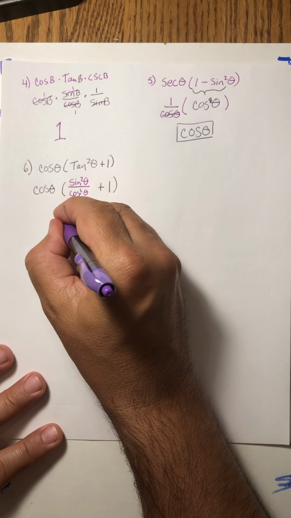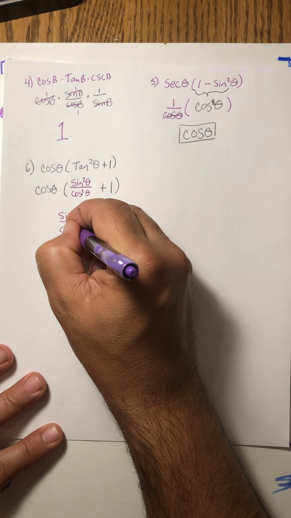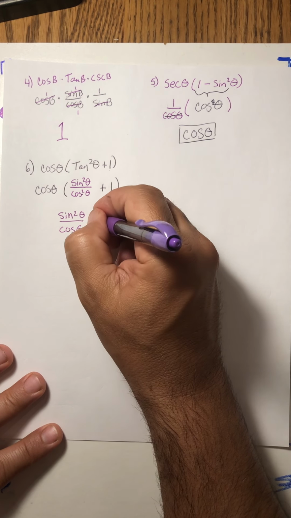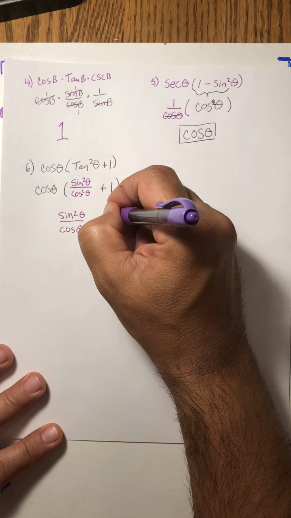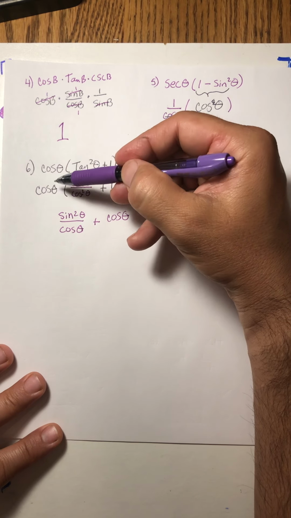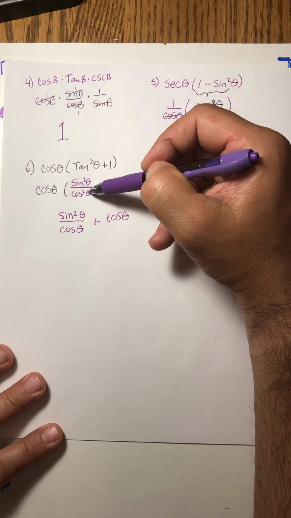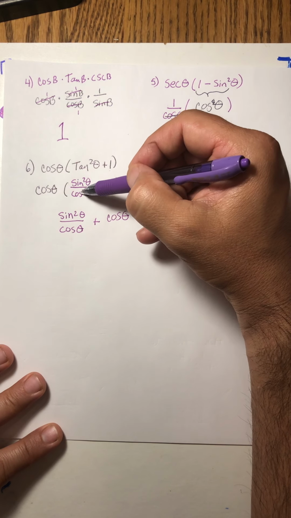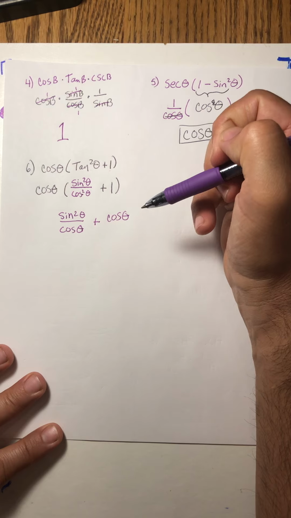So I have sine squared of theta over cosine of theta plus, I'm going to distribute, I have cosine theta. Okay, remember, I multiply cosine of theta times the cosine squared down below here. Remember, this cosine would cancel the square out. So sine squared theta over cosine theta.